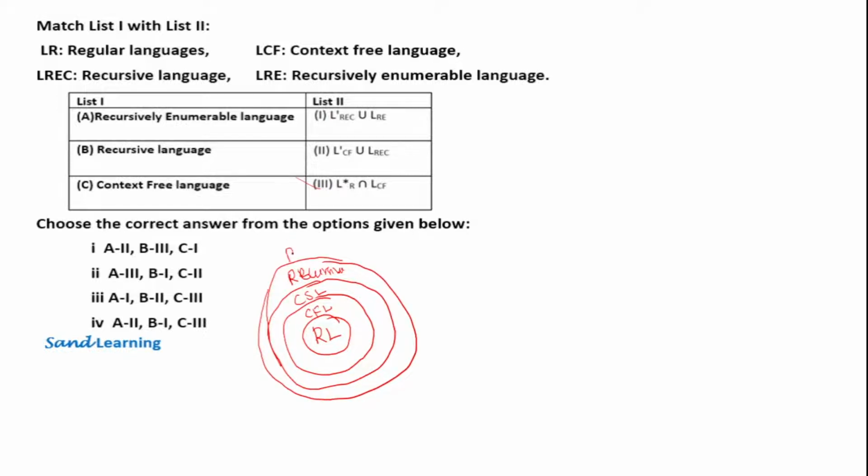Outside this recursive language we have the recursively enumerable language, that is the type 0 grammar. And with this we are going to match.